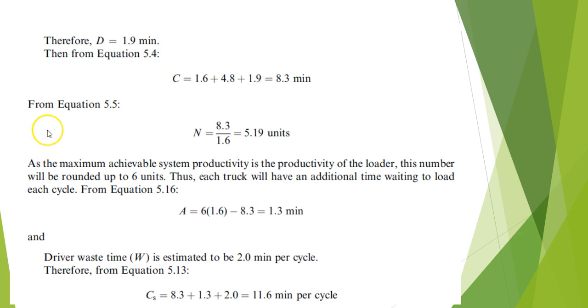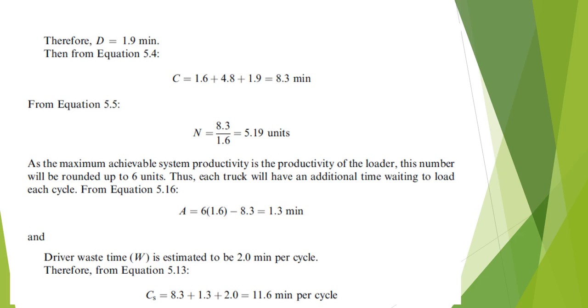So we can, again, if the maximum achievable system productivity is the productivity of the loader, round up to 6 units.